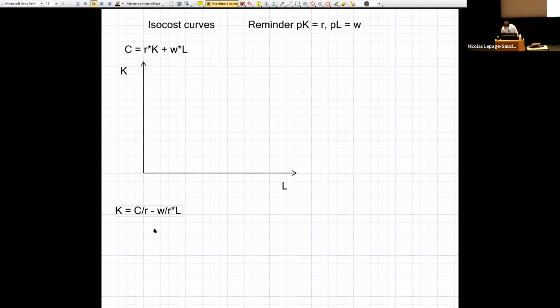Can we have the legend on the right of what each variable is? Oh yeah, sure. Where C is cost. Thank you, I forgot to put that. R is rental rate or interest rate on capital. Let's say it's interest rate on capital. Oh, rental. I don't know, I'm undecisive.